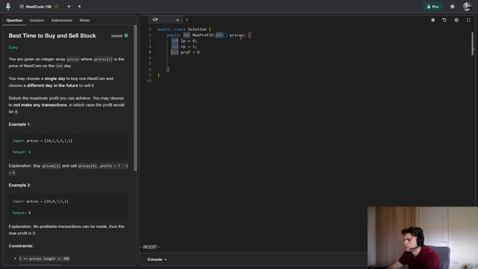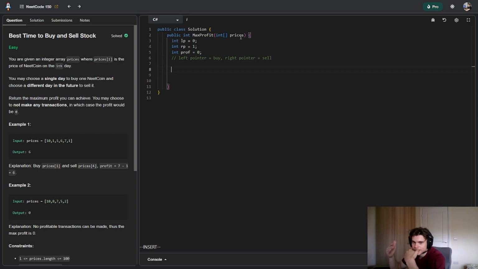So left pointer equals buy, right pointer equals sell. This is really important, you remember that. Okay.